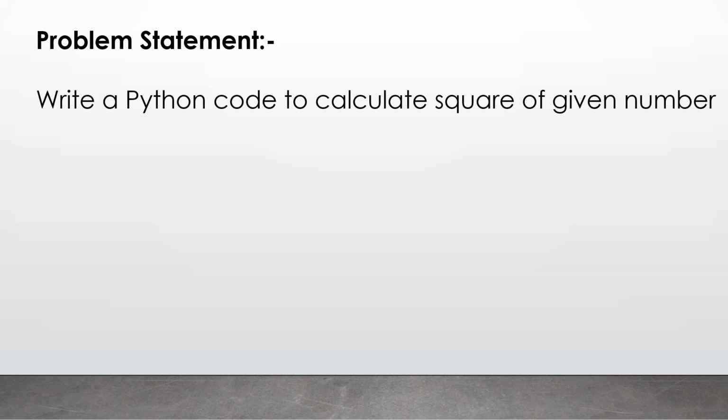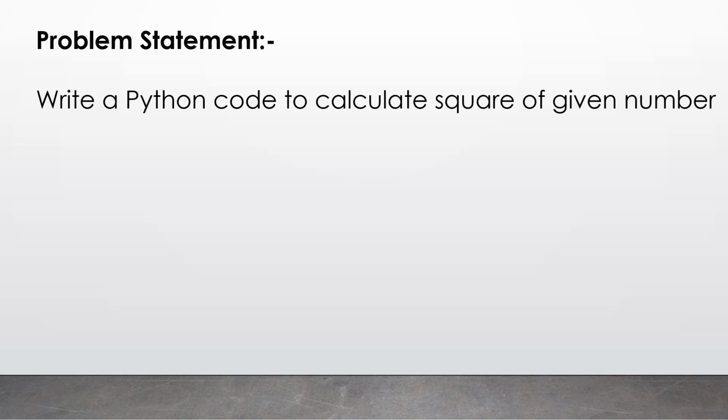The problem statement is we are supposed to write a Python code to calculate the square of a given number. It is the simplest program that we can do. I think you must have understood the problem statement.